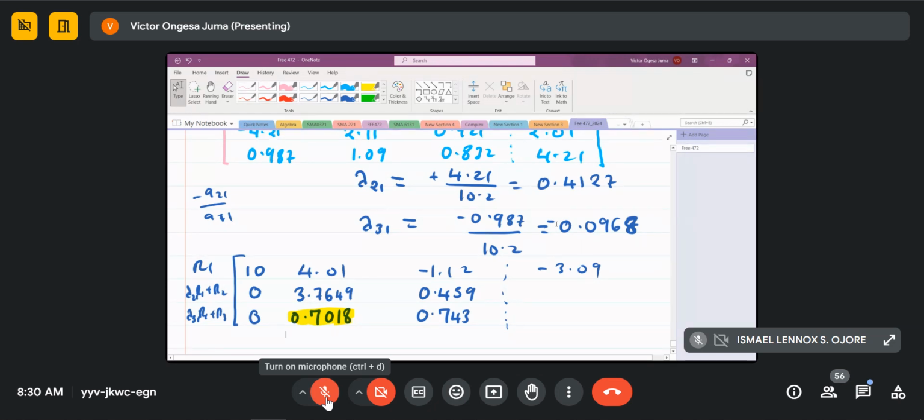This is 0.18. This is correct. The others can check what you got. I'm also getting this. And then the other number is 1.12 multiplied by 0.0968.